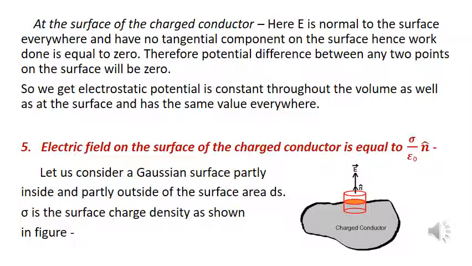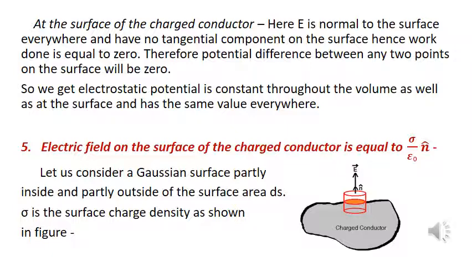And hence, according to the formula, potential difference delta V is equal to work done per unit charge, so the potential difference will be equal to 0. And if the potential difference between 2 points is equal to 0, then we can say the electrostatic potential is constant throughout the volume at any point as well as on the surface of the charged conductor.